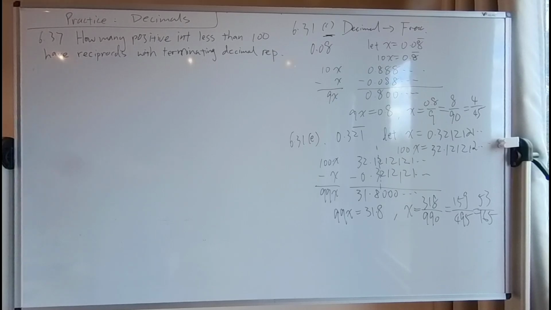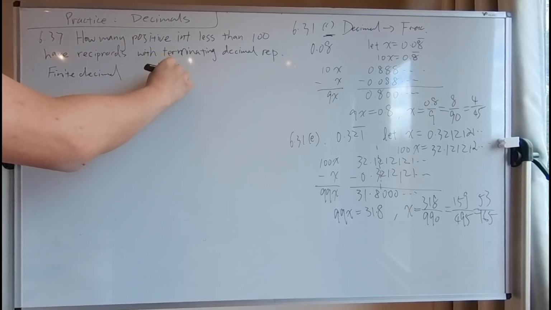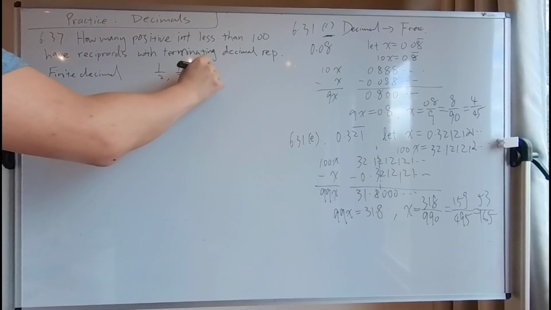Right, so a terminating decimal is equivalent to a finite decimal, and the reciprocals of integers are, for example, 1/2, 1/3, 1/4, keep going.